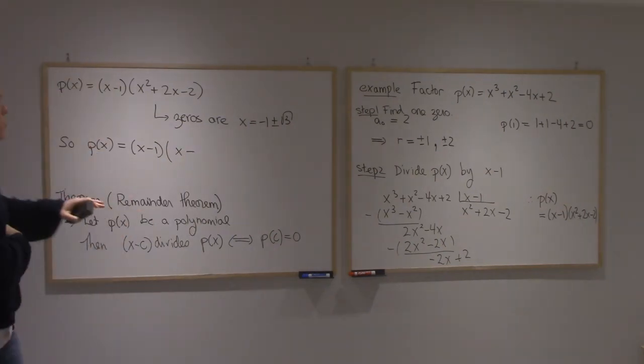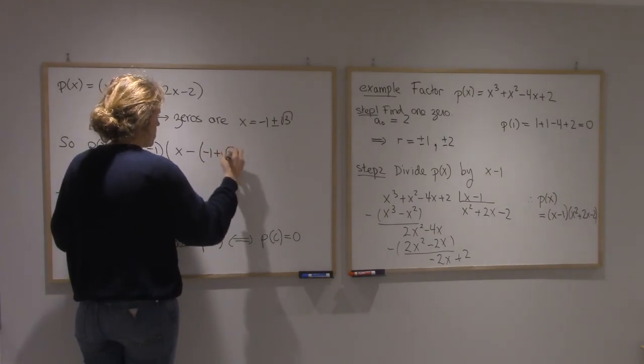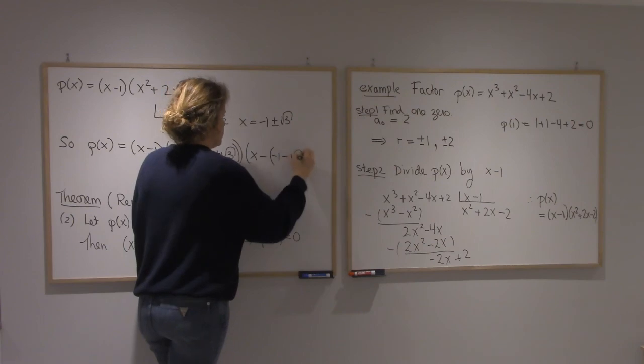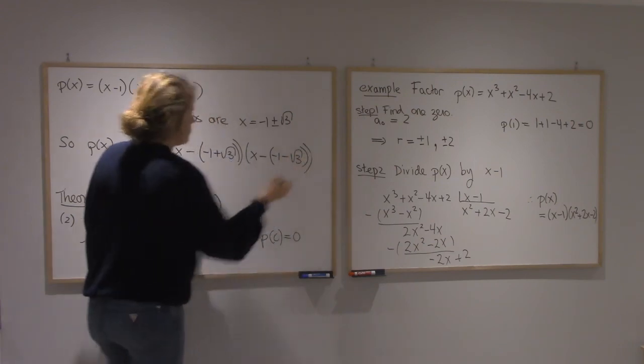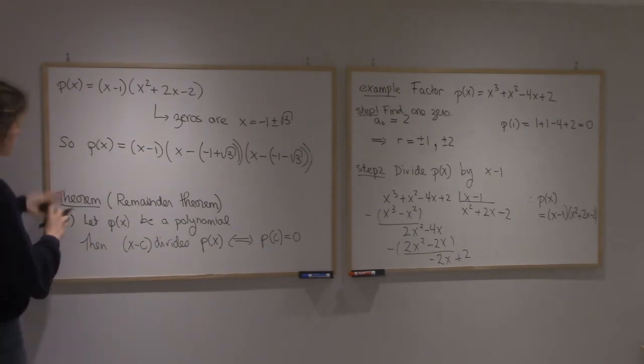Well, that gives me 3 factors. And since my polynomial has a 1 in front, well, that's all I need to know.